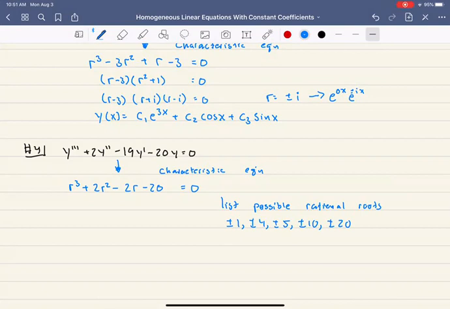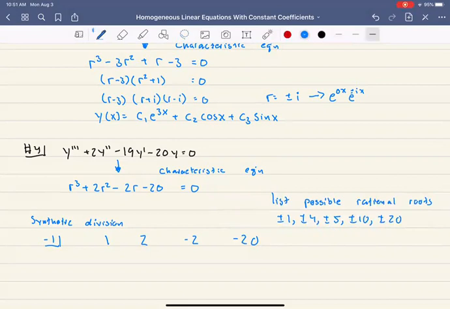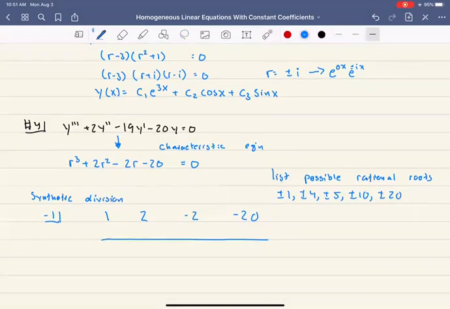I know -1 is going to work. So I would put 1, 2, -19, -20. The 1 comes down.